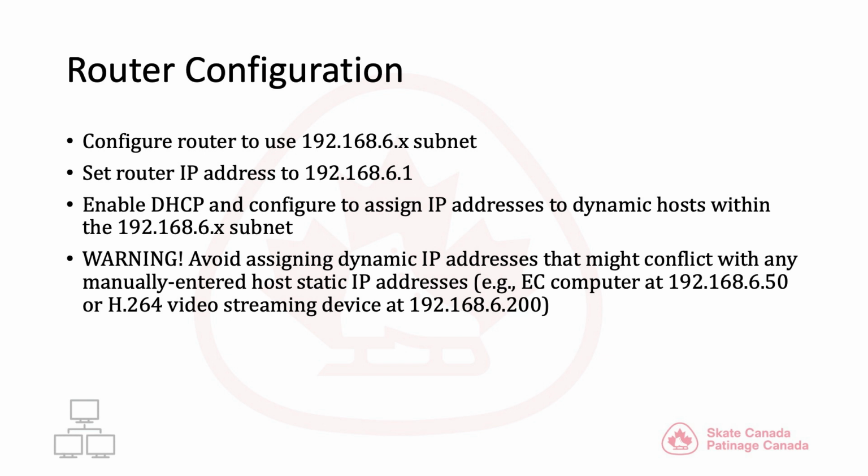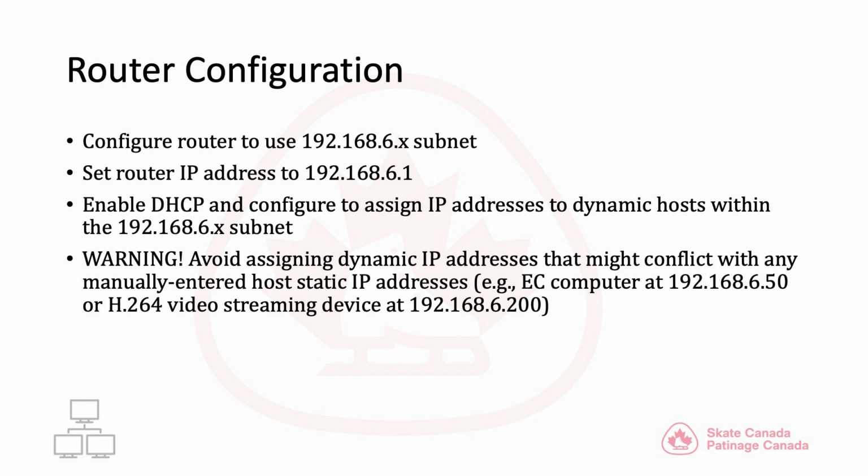By default, many DHCP servers will assign addresses that might conflict with IP addresses that were manually assigned on the host computers. Such IP address conflicts cause network problems. For example, if we had a host on our network that was randomly assigned a dynamic IP address of 192.168.6.50, and then we later turned on our EC computer that had that same IP address assigned as a static address, we would then have two computers on the same subnet with the same IP addresses, and our network wouldn't function properly.